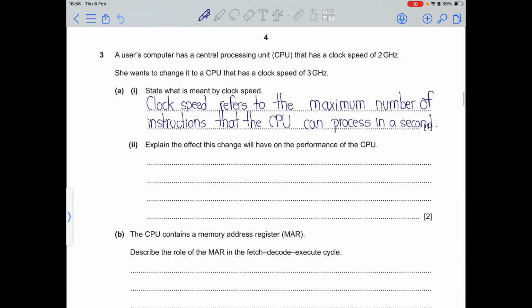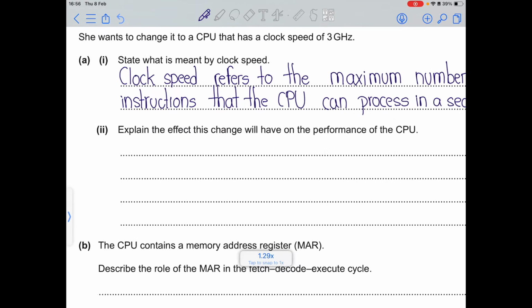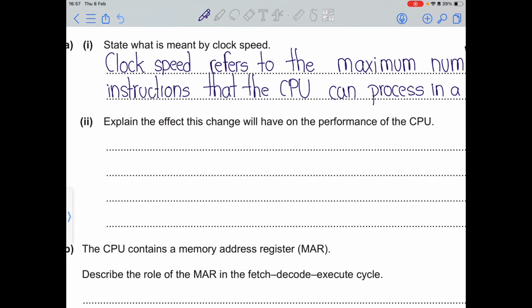Now, when you change it from 2 GHz to 3 GHz, obviously the performance of the computer will improve. The performance of the CPU will improve. Why would it improve?